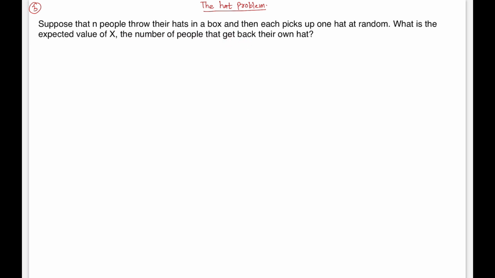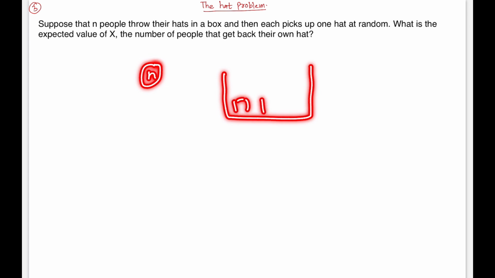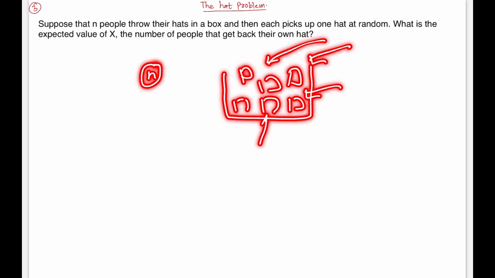Right? So the problem statement is simple. There are n people and they have their own hat. What they have done, they have thrown the hat into the box, right? And now they are picking these hats at random, right?